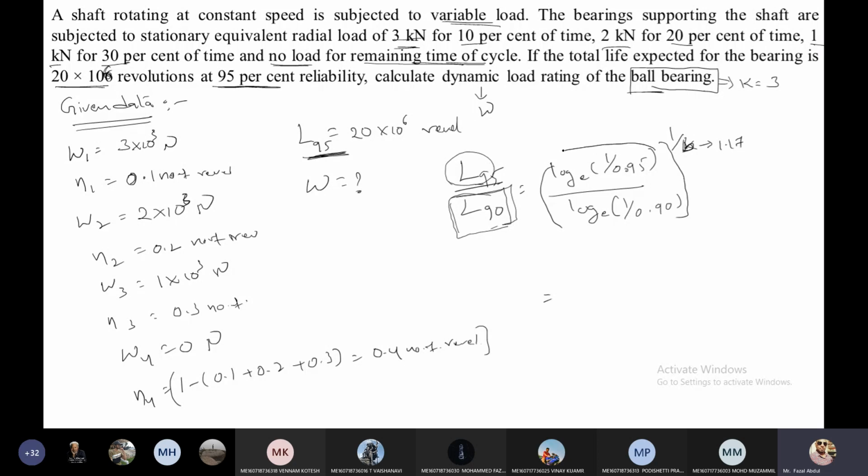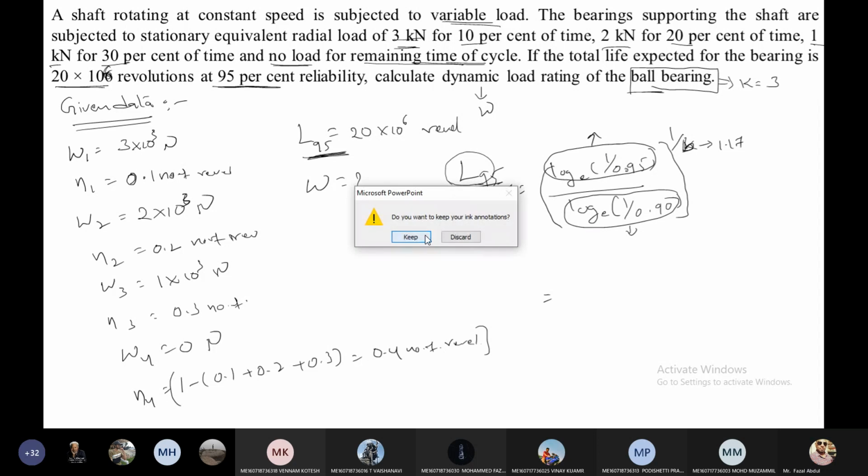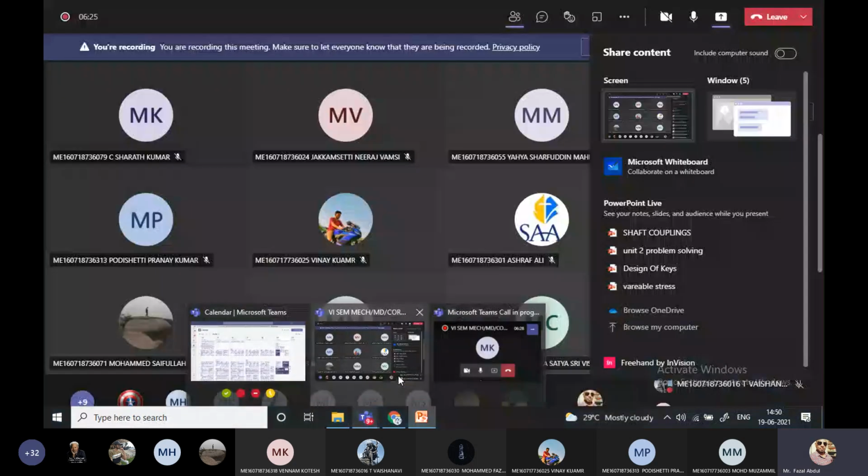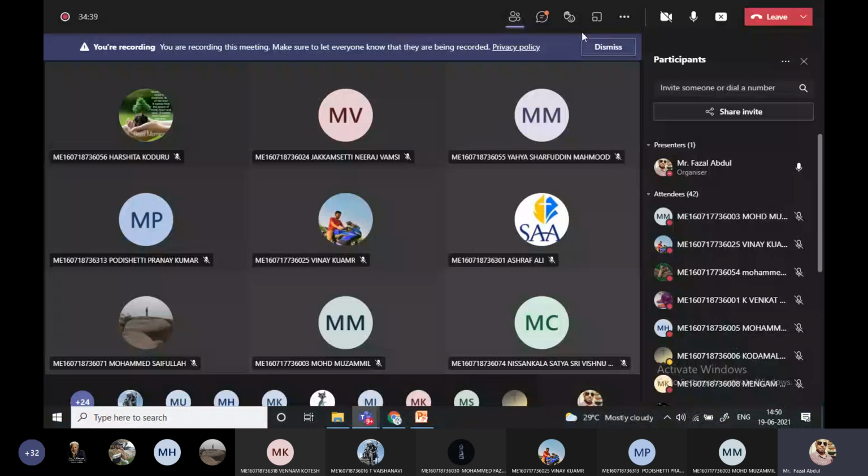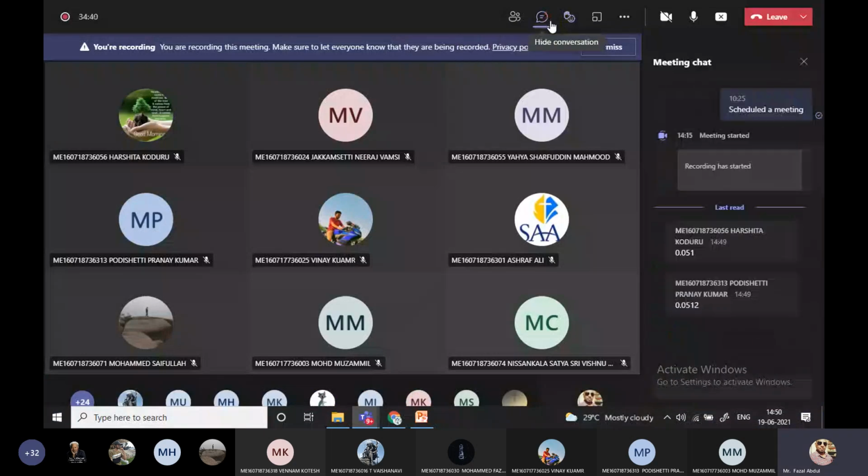So tell me first this value, then tell me this value. First tell me the log e of 1 by 0.95. How much?